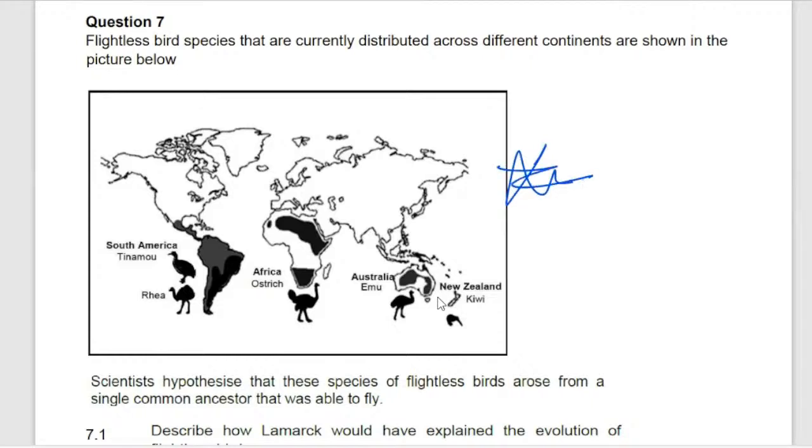Why should you use giraffes when they said flighted birds? Don't use giraffes. Make sure that you use what is given in the question. All right. Let's start.